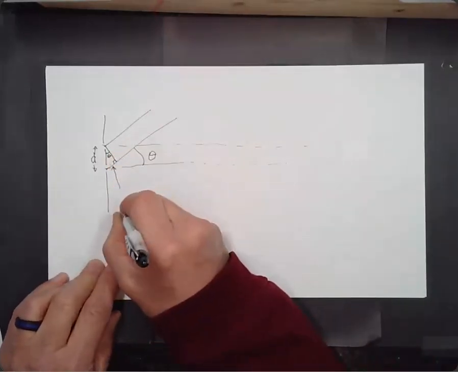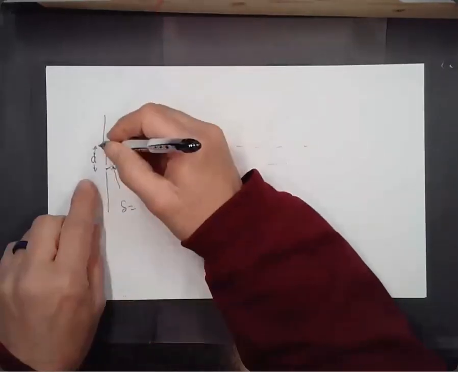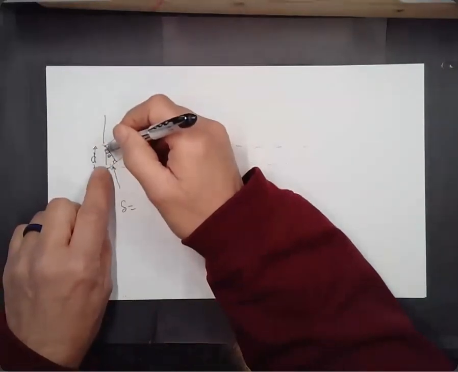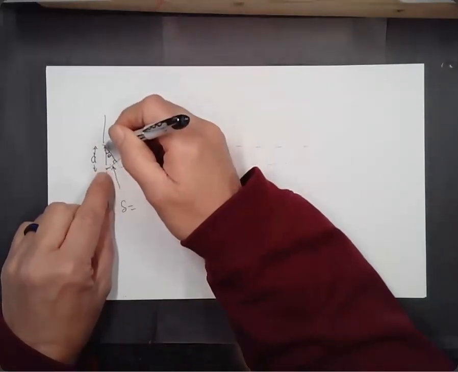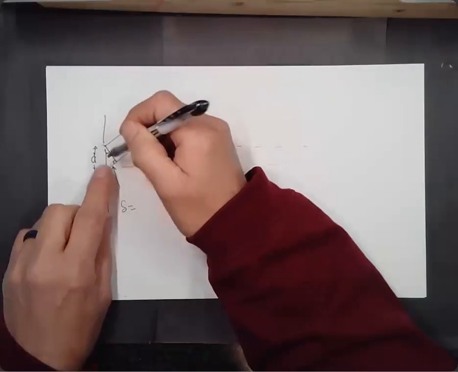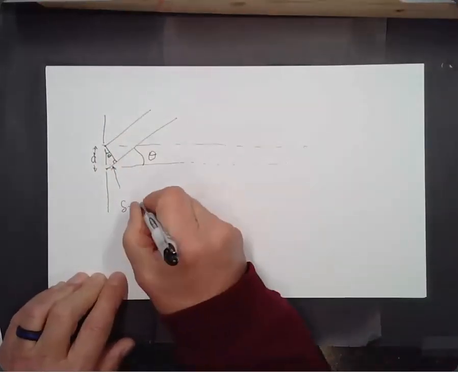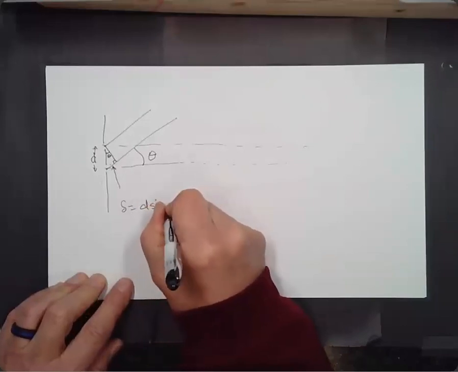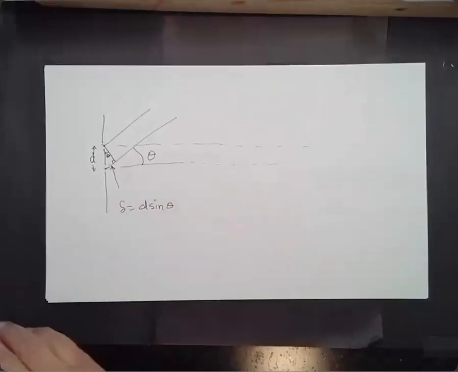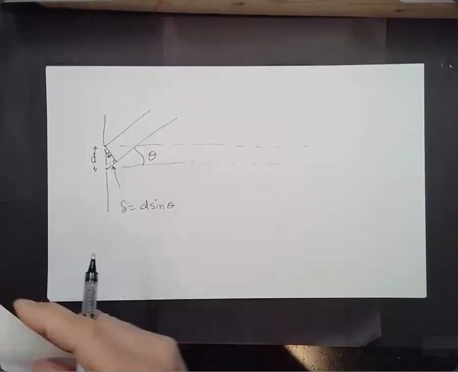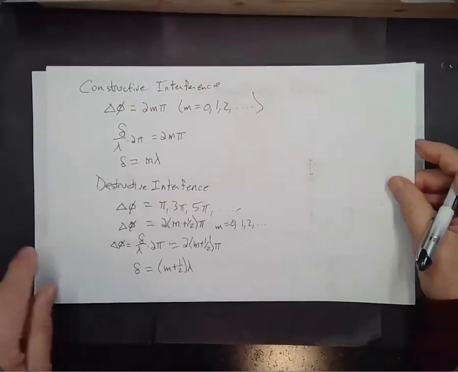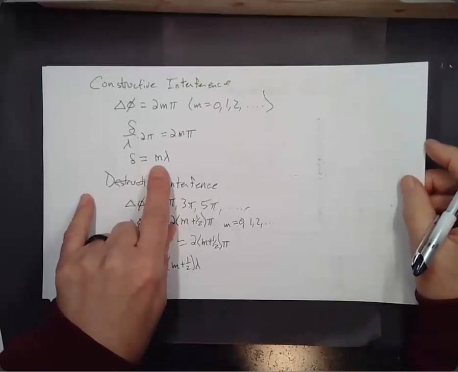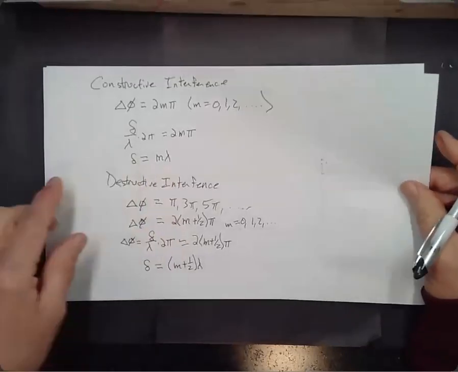Delta is going to be, well, D is the hypotenuse of that triangle. Delta divided by D will be the sine of theta. So delta is D sine theta. And what was our condition for constructive interference? When delta is equal to m lambda.